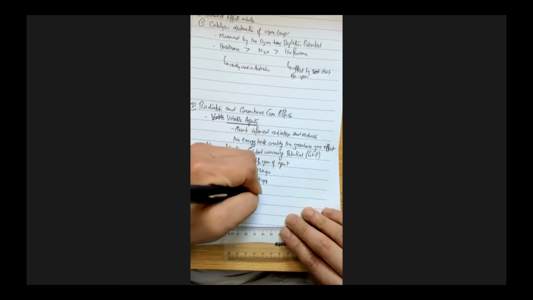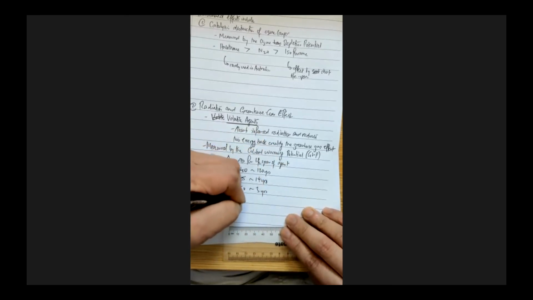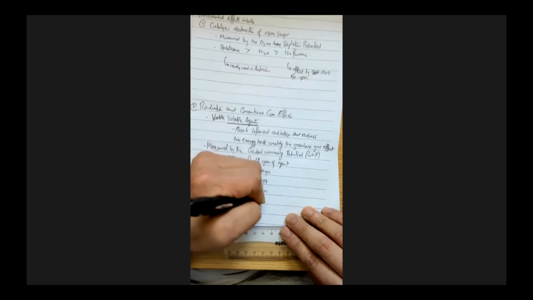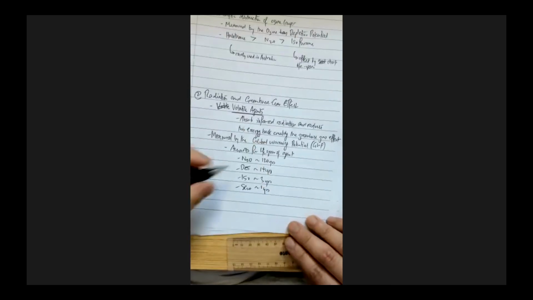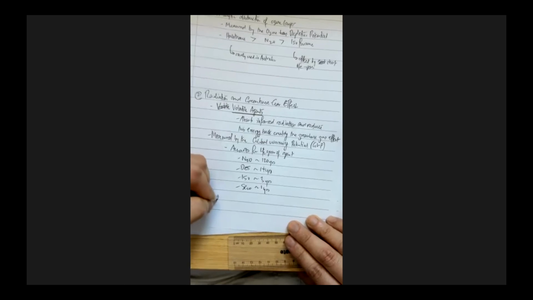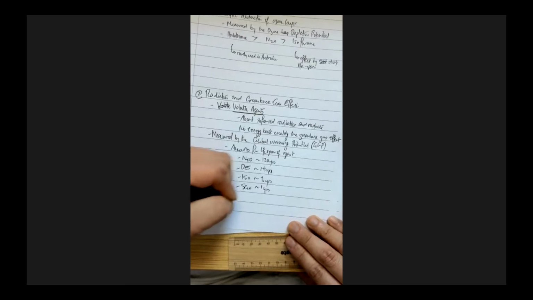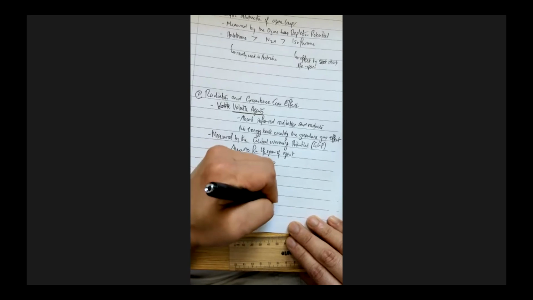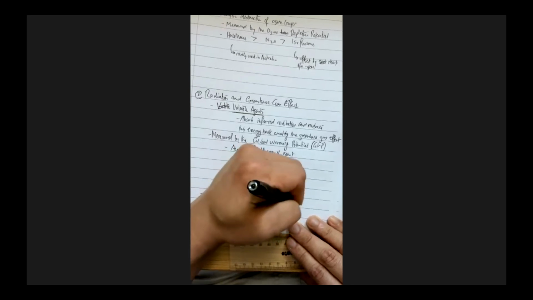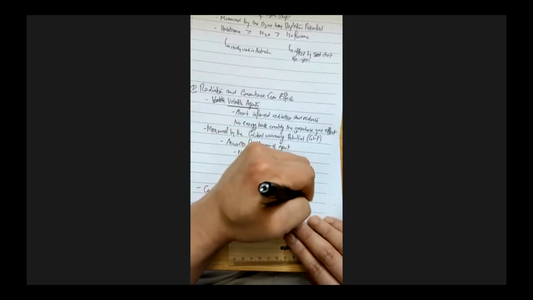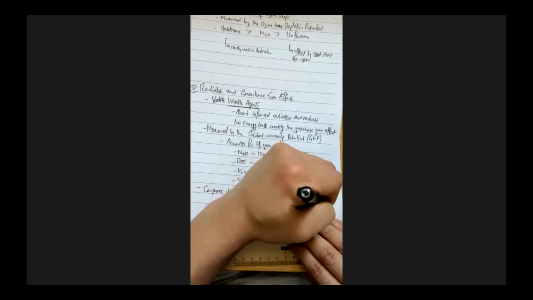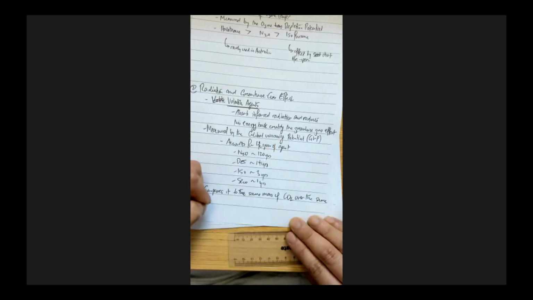Iso, approximately 3 years. And Sevo, approximately 1 year. And then after that, it compares it to the same mass of CO2 over the same period.